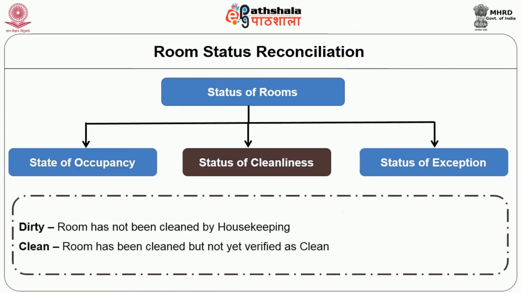Now the state of cleanliness is denoted by dirty and clean. Dirty status denotes that the room has not been cleaned by housekeeping and has to be made ready by the housekeeping staff. The term clean refers to the room having been cleaned but not yet verified as clean so that it can be put up for sale again.